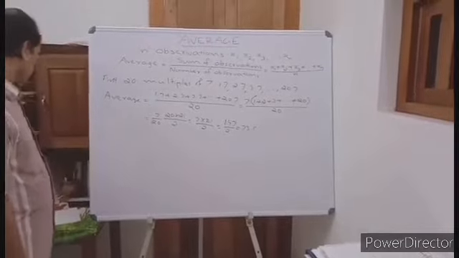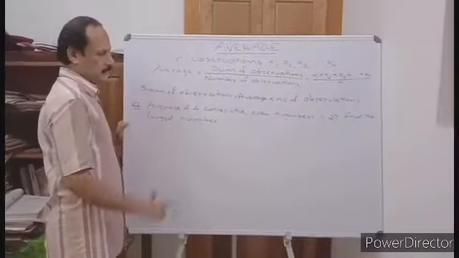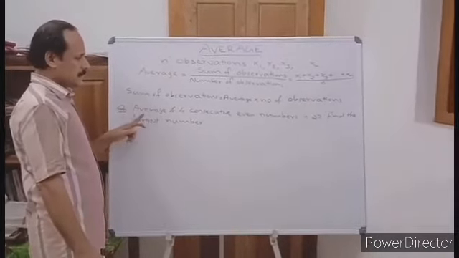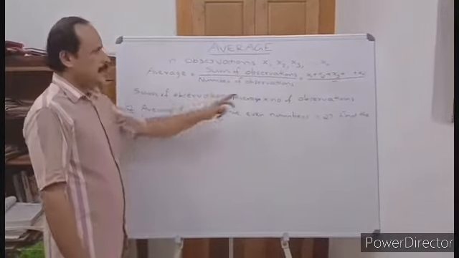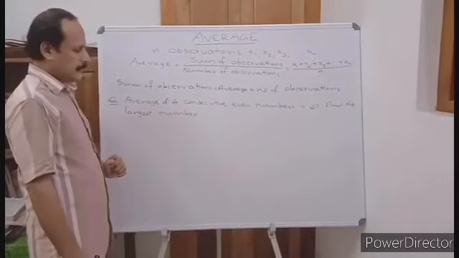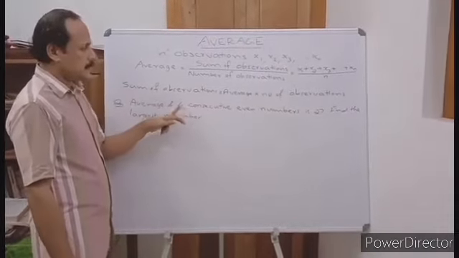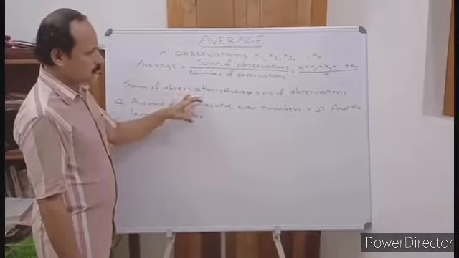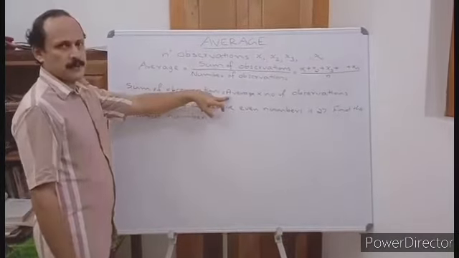This is 73.5. Average of 4 consecutive even numbers is 27. Find the largest number. Here in this question there are 4 observations and their average is given, and we have to find out the largest number, and the observations are 4 consecutive even numbers. To do this question we have to use this formula.